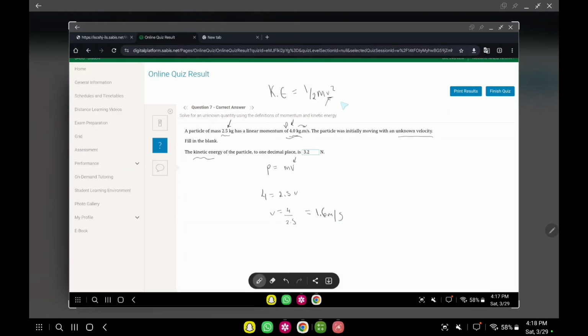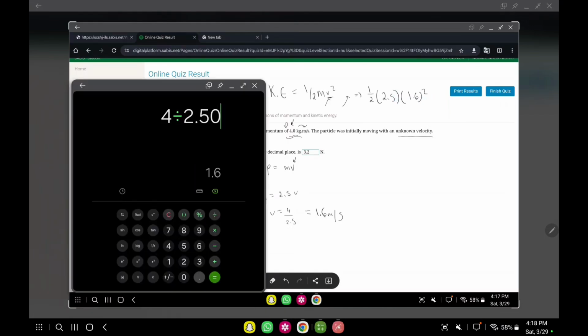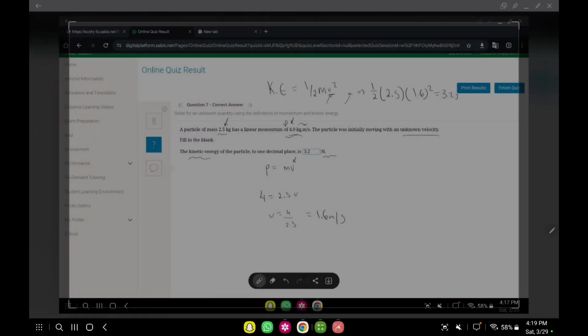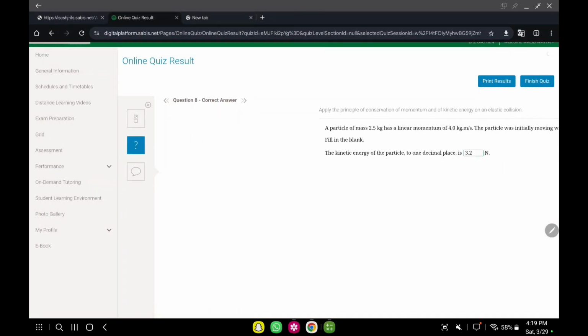Now we go back to the kinetic energy: half times 2.5 times the velocity squared, so 0.5 times 2.5 times 1.6 squared. You get 3.2 joules. I don't know why they put newtons, that doesn't make sense. Anyways, question 8.